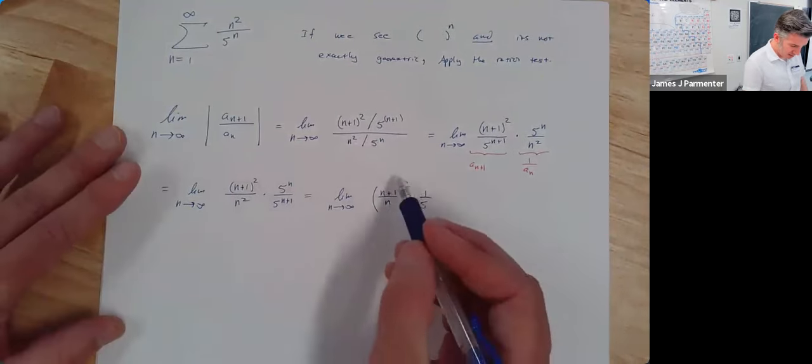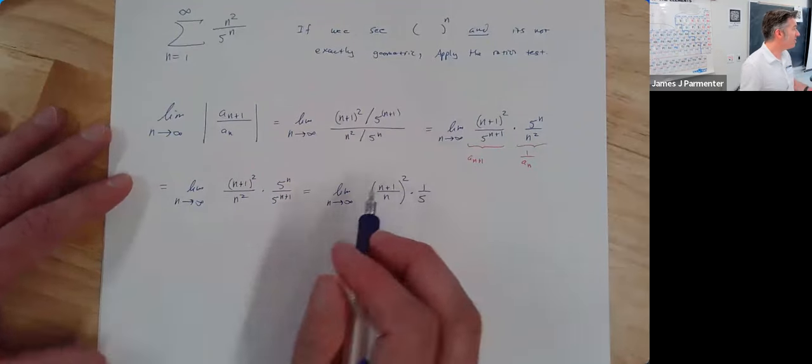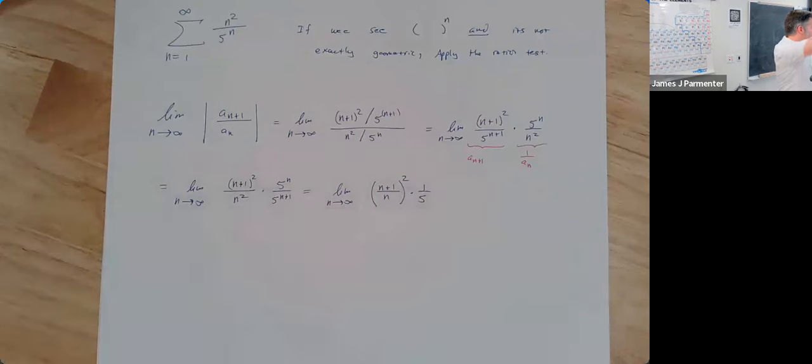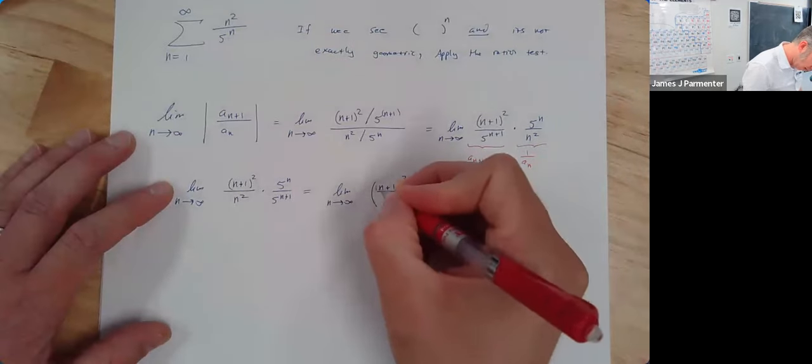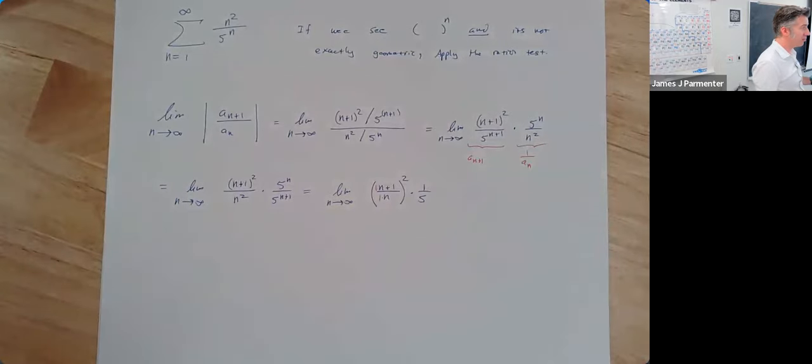And now if we take the limit of this part, if I look at the insides here, n plus 1 over n, that's just the usual, I've got a rational function, the degree on top and the degree on the bottom are the same. The limit is the quotient of the leading coefficients, which is just 1 over 1. I'll point out something that's generally true.